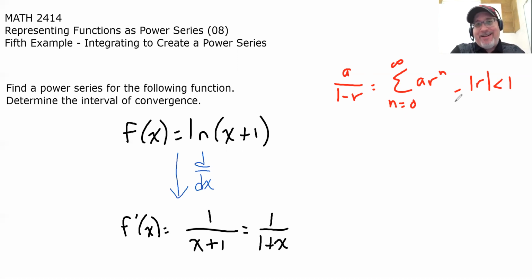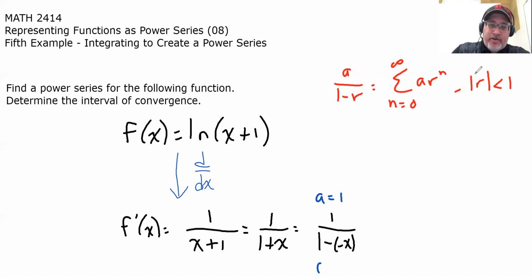Now, it doesn't look exactly like it because it has a plus instead of a minus, but we've dealt with that before. All we have to do is rewrite the plus as minus and negative. Make that a little clearer. There we go. And we can instantly identify the first term as 1 and the ratio is negative x.